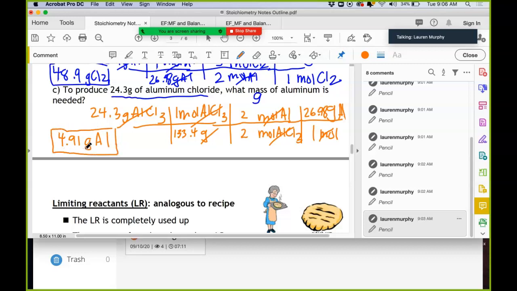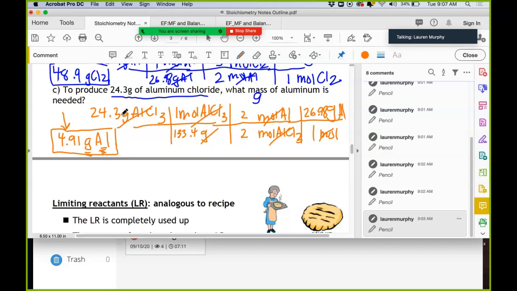So you must put the unit of grams and you must put the substance of aluminum, and it's 3 sig figs because this is 3 sig figs. So what that means is if I want to make 24.3 grams of aluminum chloride, I need to have at least 4.91 grams of aluminum to be able to do this.